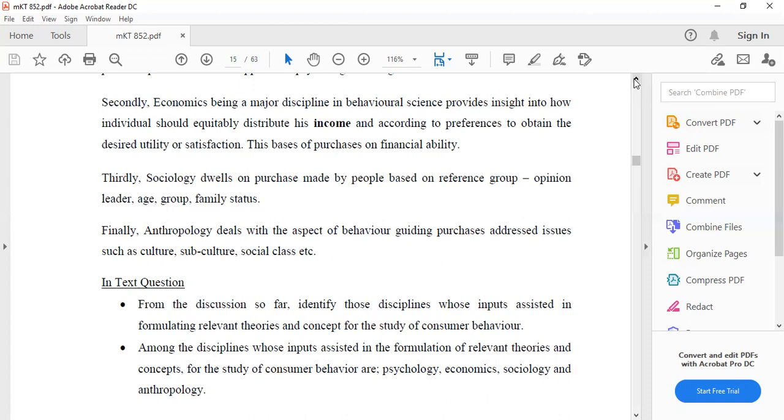Also, there are certain items that are not authorized by culture for them to buy and use. In all cases, we can see that the inputs greatly assist in formulating behavior, and it's very, very relevant in the study of consumer behavior.